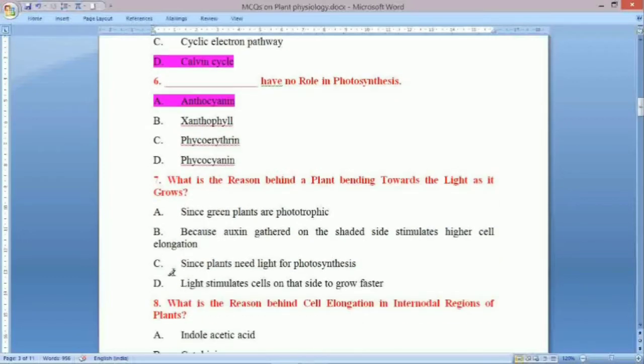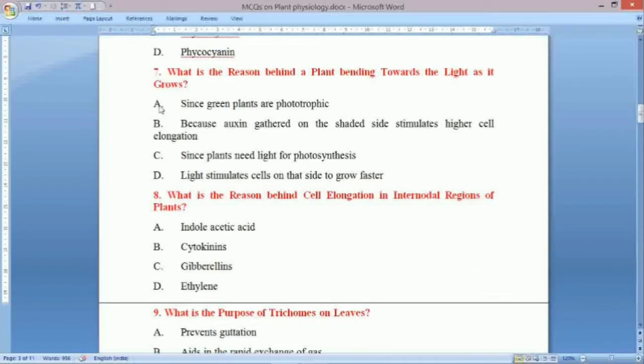Next question, question number 7. What is the reason behind a plant bending towards the light as it grows? Option A, since green plants are phototropic, B, because oxygen gathered on the shaded side stimulates higher cell elongation, C, since plants need light for photosynthesis, and D, light stimulates cells on the side to grow faster.